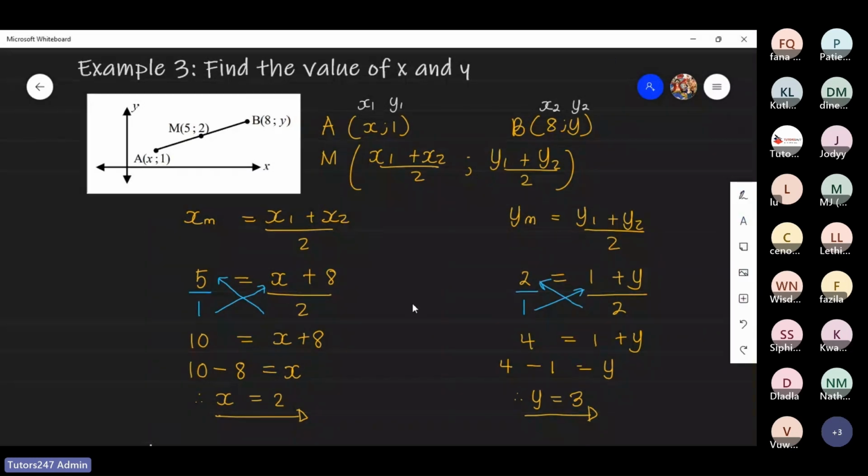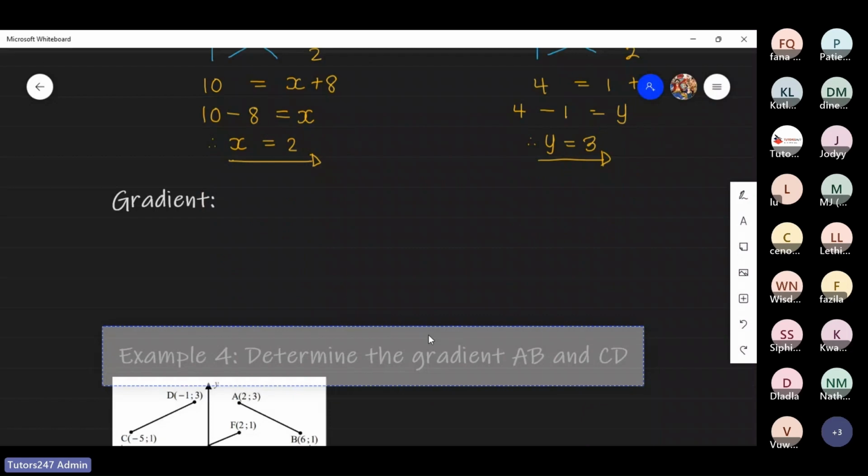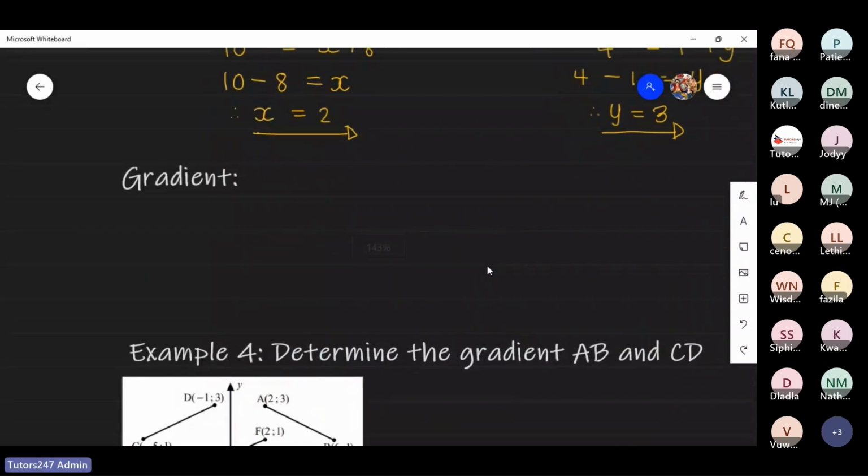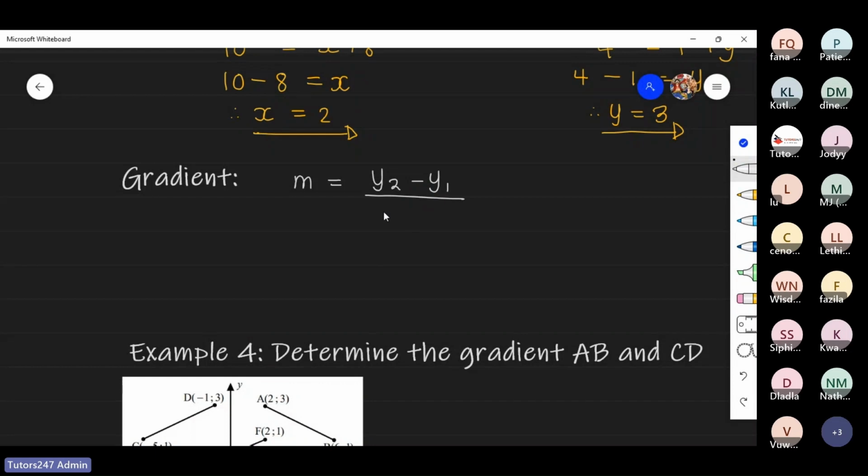So let's discuss gradient. Gradient is something that is frequently used within math, especially analytical geometry. Our gradient formula is represented by m equals (y2 minus y1) over (x2 minus x1). When you are calculating gradient, you're basically calculating the slope of a line, or how steep or how gentle that specific line is.